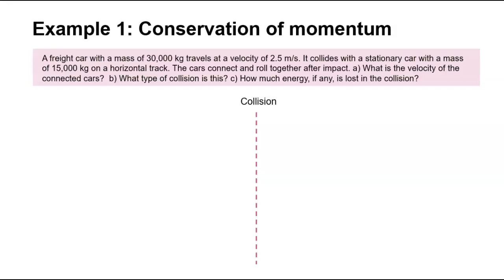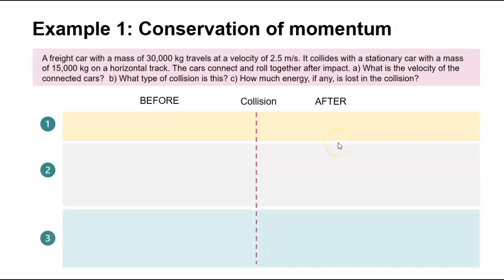What we do instead is talk about what's happening before the collision and what's happening after the collision. So we draw a picture, we apply the conservation of momentum, and then we look at the kinetic energies to figure out what type of collision this is.